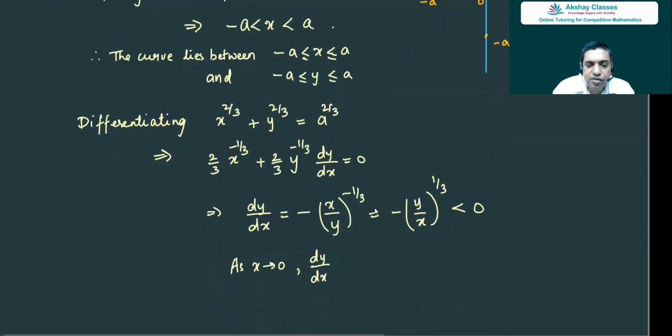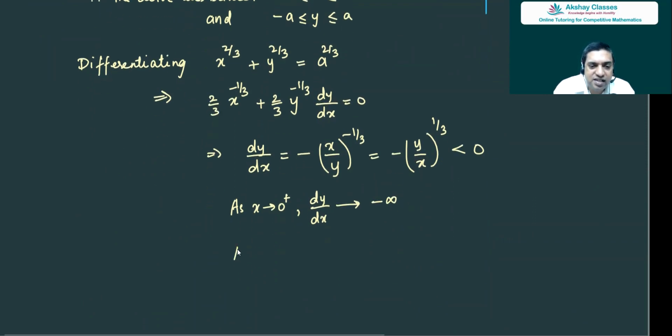All right, so numerator is a, denominator is approaching 0, so it will go to infinity, but with a minus sign. So that means the slope is minus infinity. And as x tends to a minus, what happens to dy by dx?